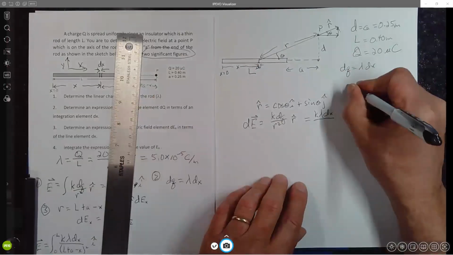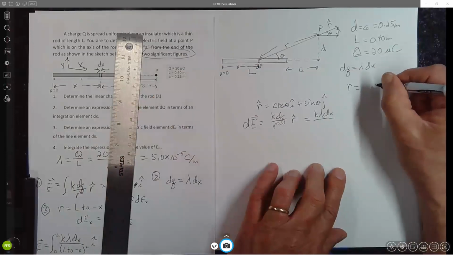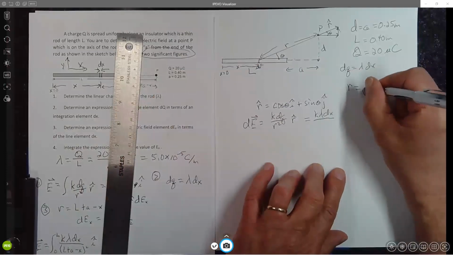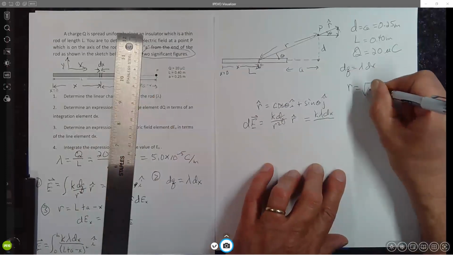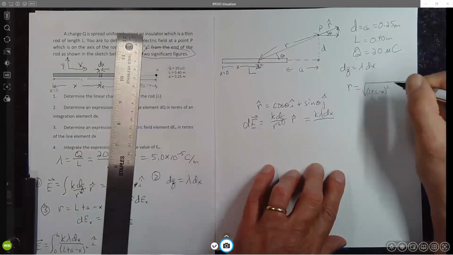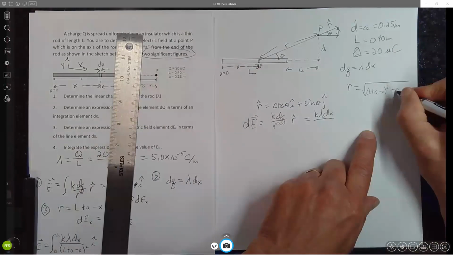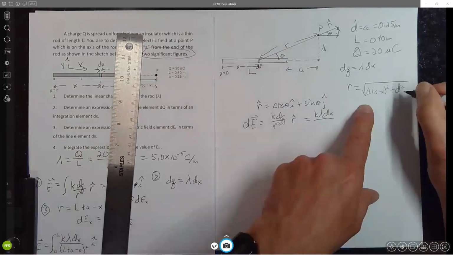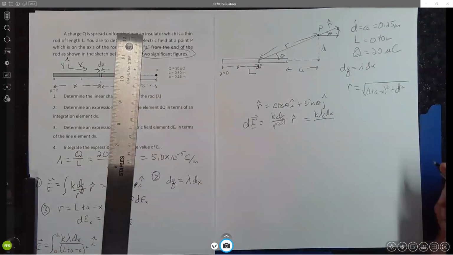So that's good to know geometry-wise. And that's the Pythagorean theorem, by the way. L plus a minus x is this distance plus d squared, that's a d. That happens to be the length of this hypotenuse. And so I'll have that.